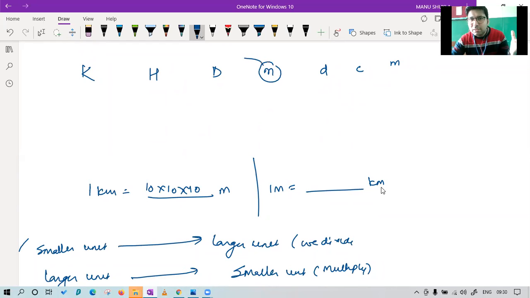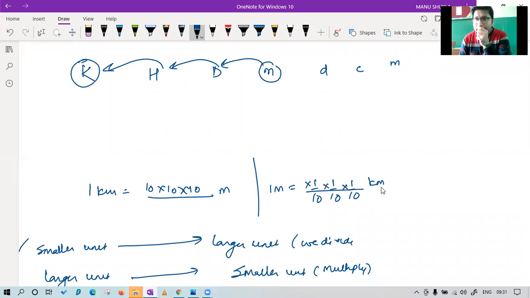And how many places? One place, two place, and three place. We have reached till here. So we have to multiply with 1 upon 10 into 1 upon 10 into 1 upon 10. So class, that becomes 1 upon 1000. Yes, Mani.